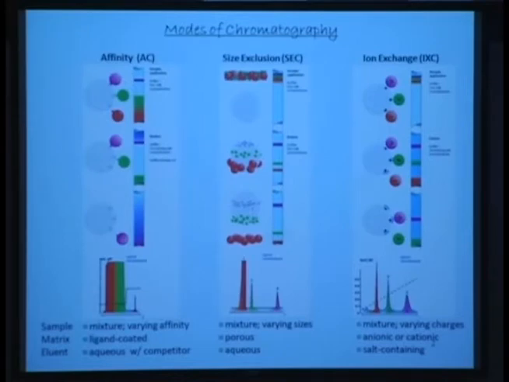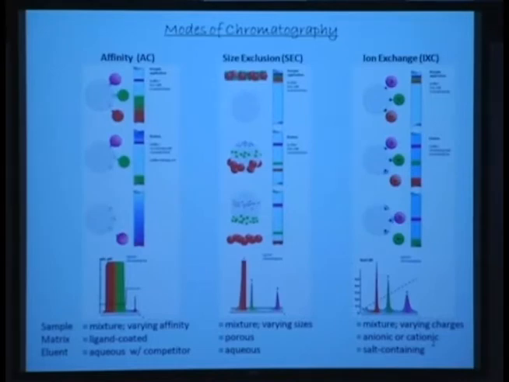Here, it's exactly opposite. Bigger molecules would come out faster. Smaller molecules would come out slower. The retention time here can be easily correlated with the hydrodynamic volume and therefore the size of the molecule.